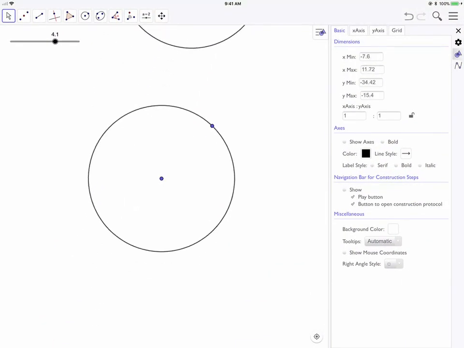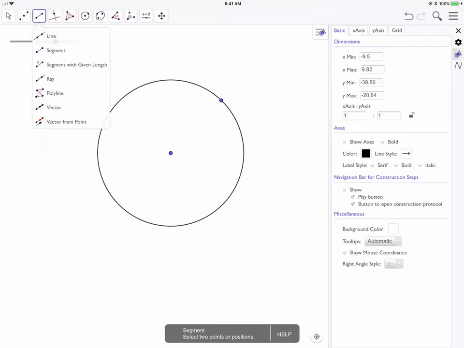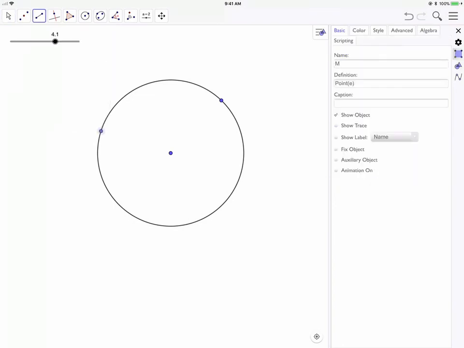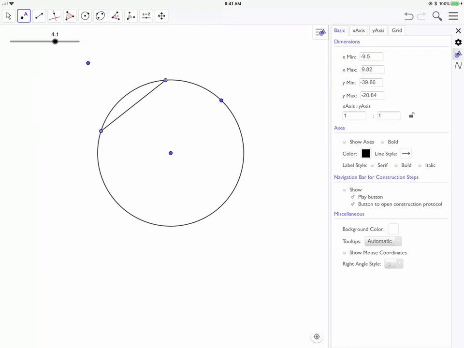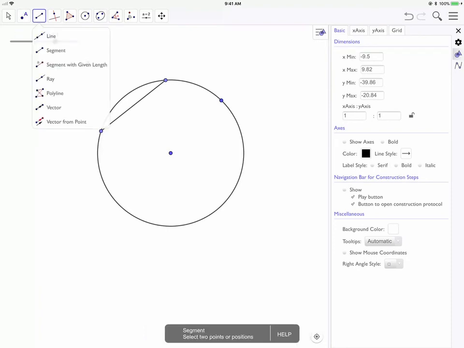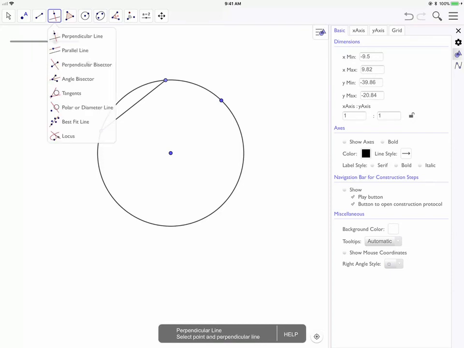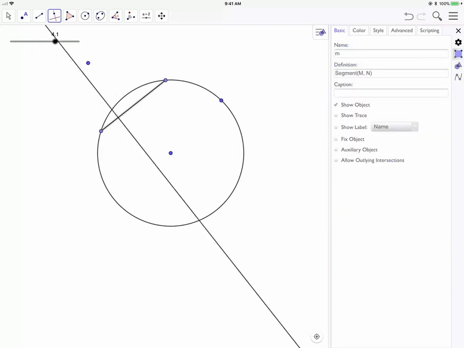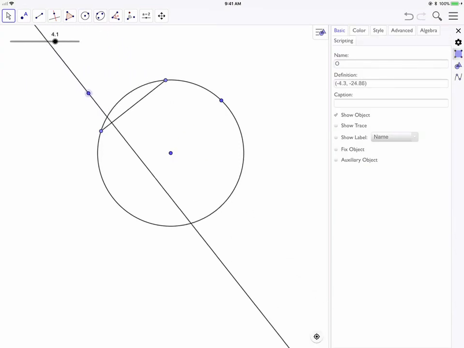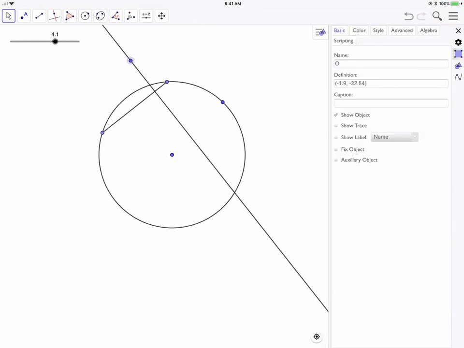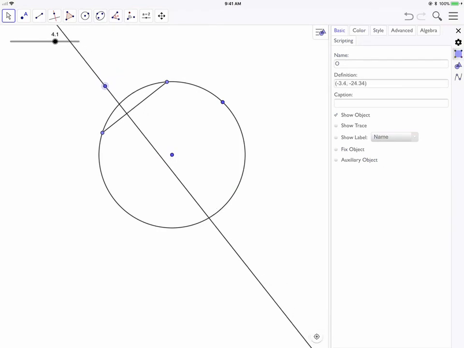Here, this is the last thing we're going to do. Let's make a chord. I'll put a point outside the circle. I'll make a line that's perpendicular to the chord and passes through that point. So look, this line is perpendicular to the chord. No matter where I move it, it stays perpendicular.